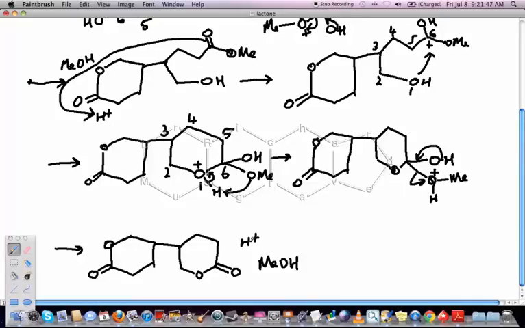Alright, so that's how we handle two rings that are joined together by a carbon bond and not fused.